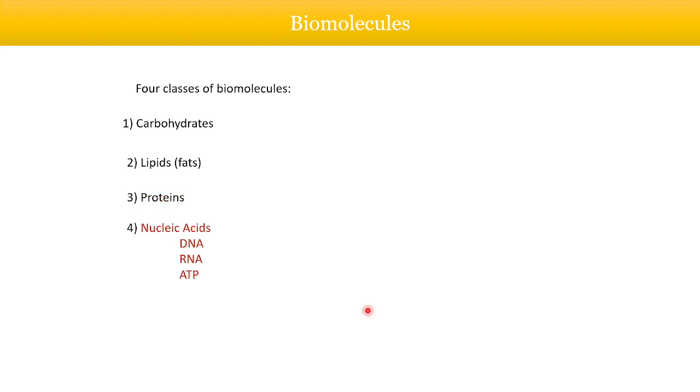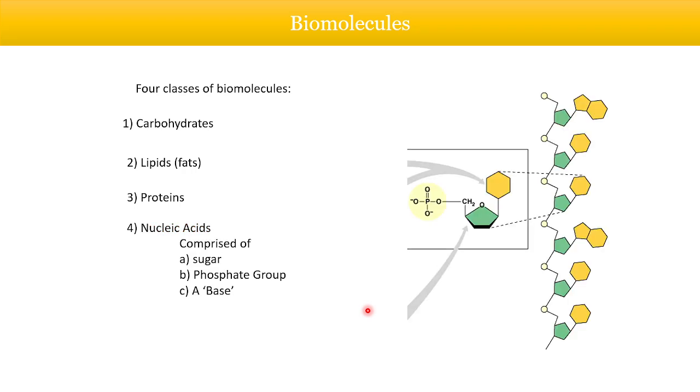The last category includes your nucleic acids, which mostly includes your DNA, RNA, ATP. DNA is deoxyribonucleic acid, RNA is ribonucleic acid, and then you have ATP, adenosine triphosphate. So what are these nucleic acids composed of?